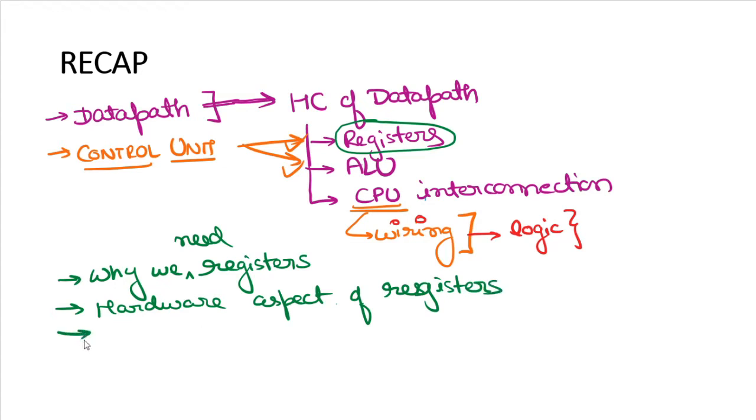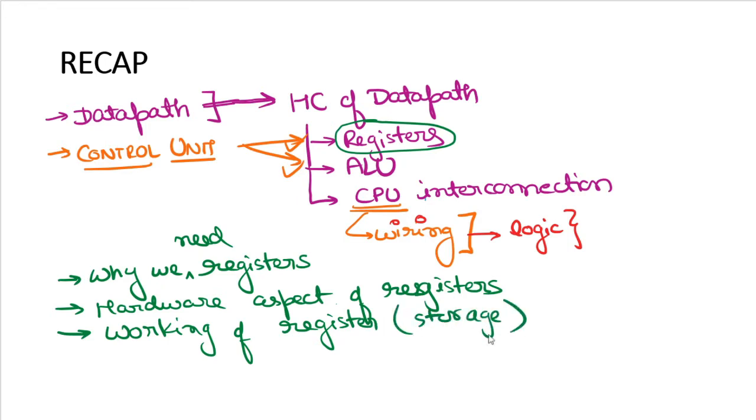Then we looked into the working of registers, right? Working means the storage aspect, right? How it stores the information, how input comes, and which bit goes to which particular binary cell, right? So we discussed all that.